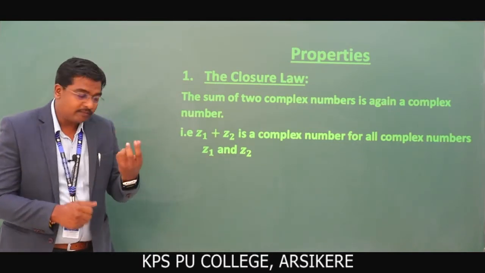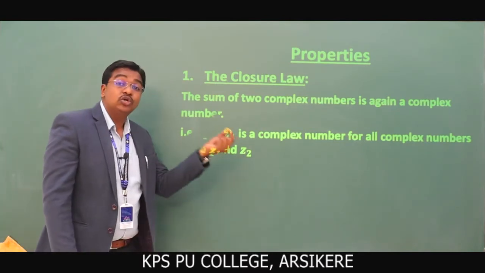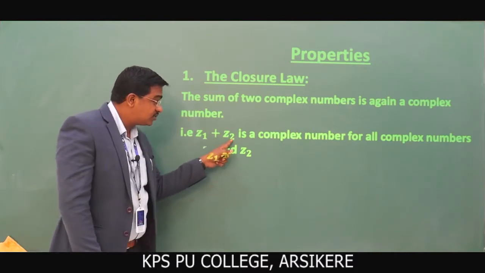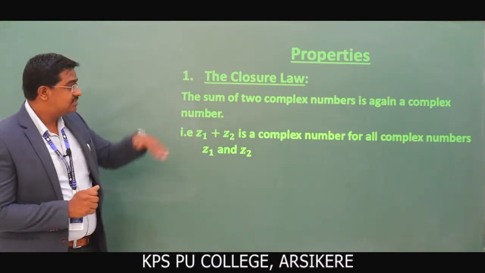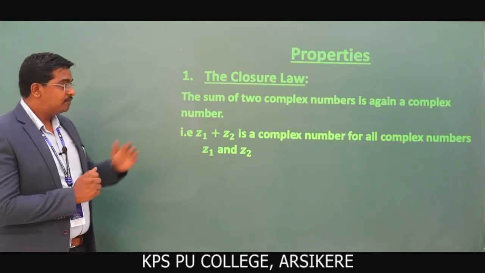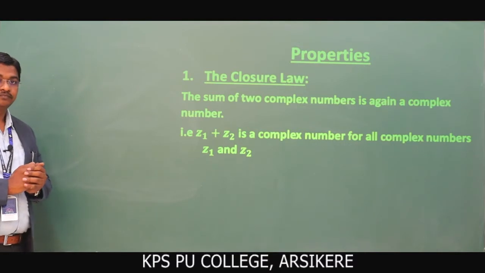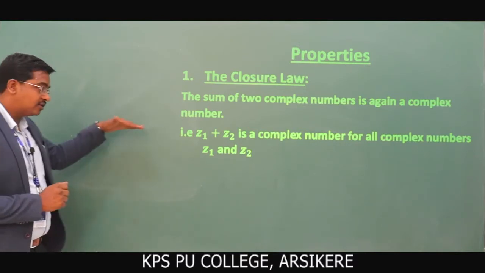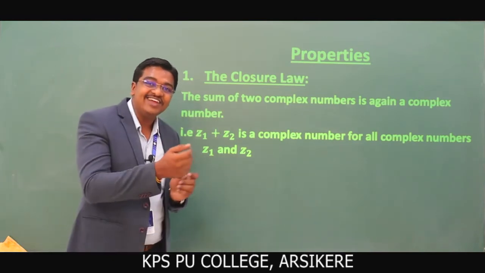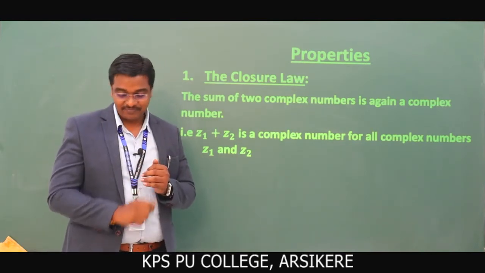Or you can say, if Z1 and Z2 are two complex numbers, then their sum Z1 plus Z2 is a complex number. This is the first property, closure law. Please note it down.